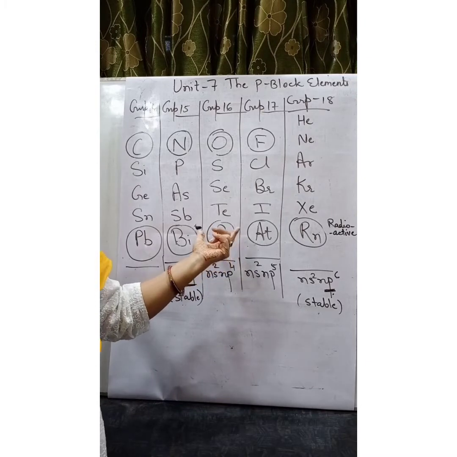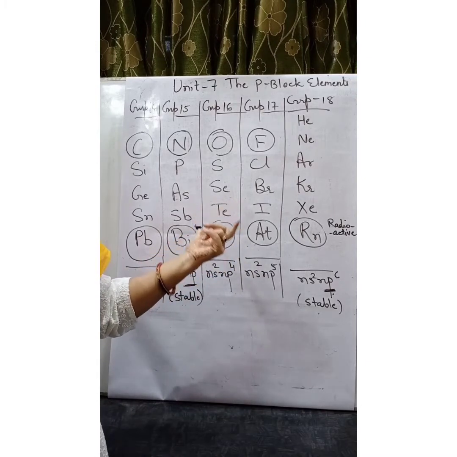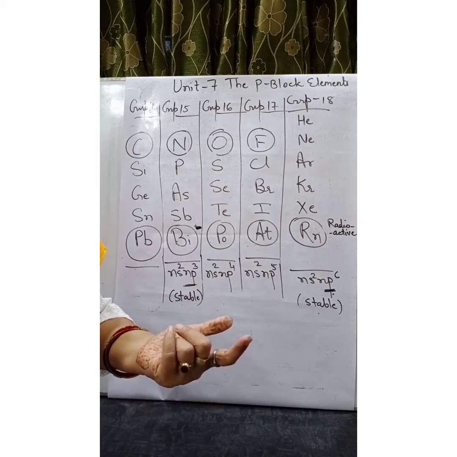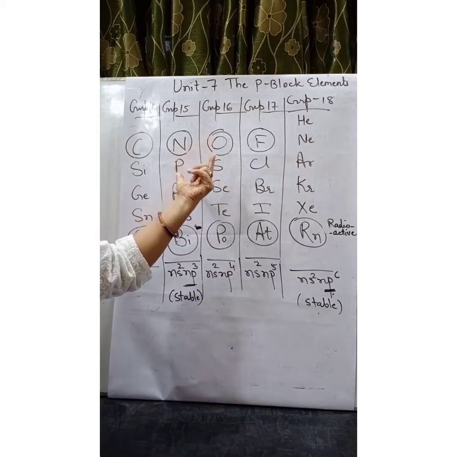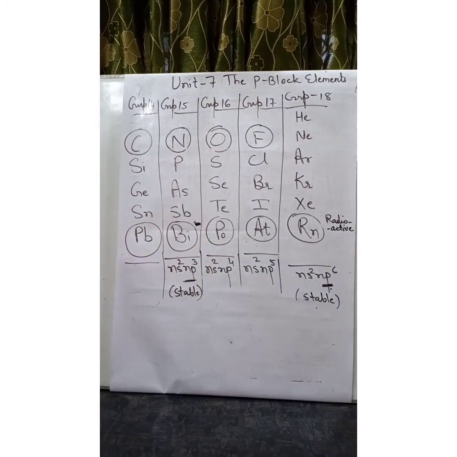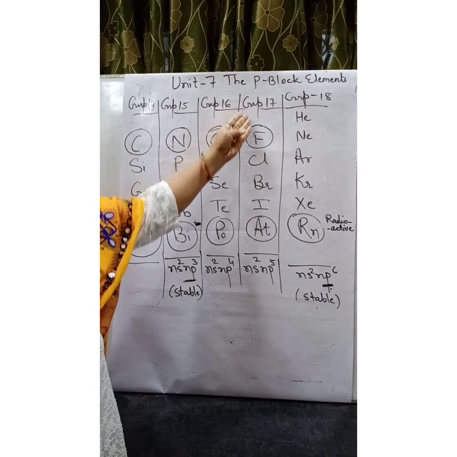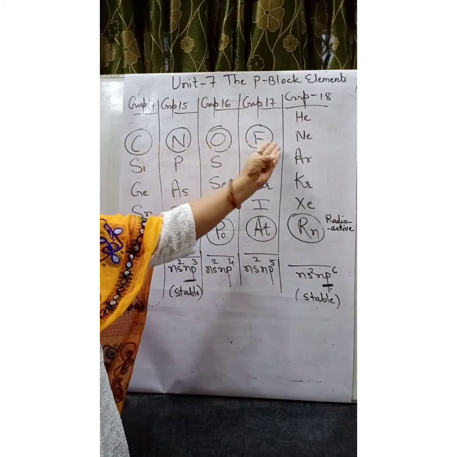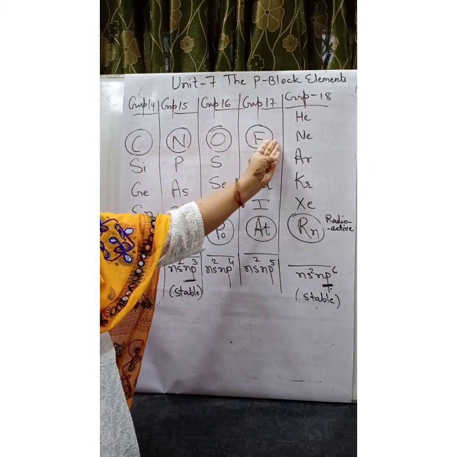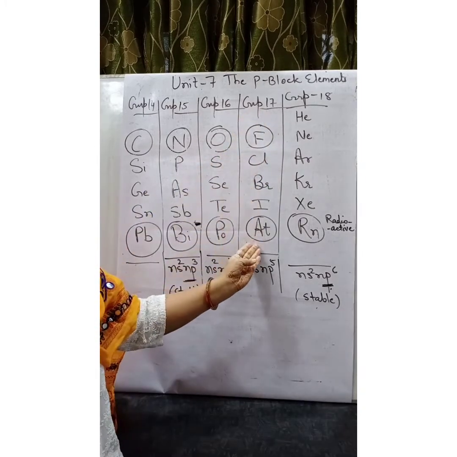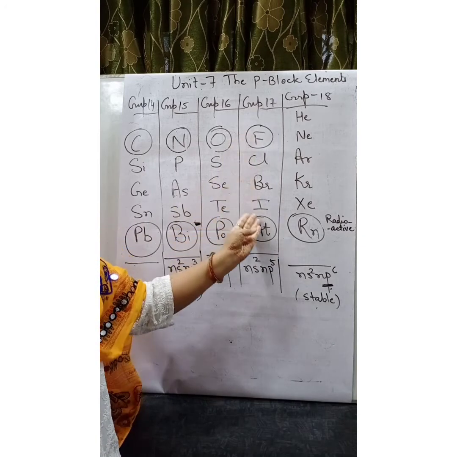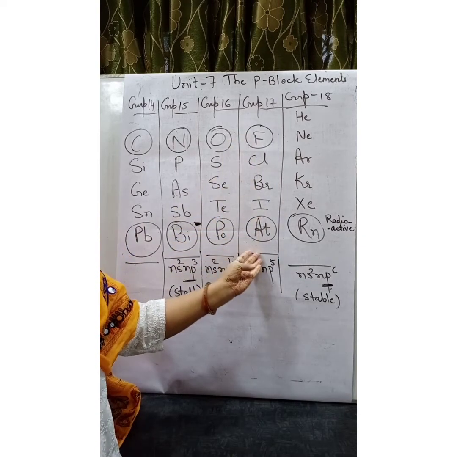Decreases means they are showing a smaller value, less amount of energy is given out. In other words, it becomes less and less negative down the group. So, as we move from left to right, electron gain enthalpy increases, and as we move from top to bottom in a group, the electron gain enthalpy decreases.